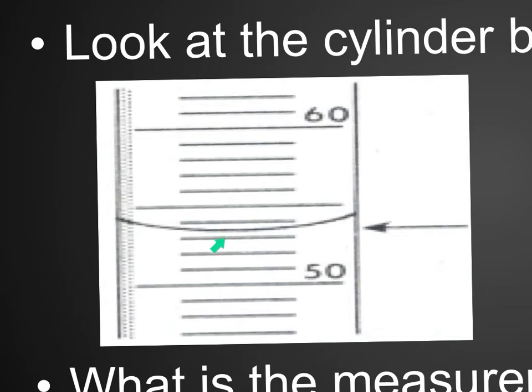So 53 is a certain measurement, what I read exactly off of the graduated cylinder. Because it's in between, we can say 53.5 as our measurement from this graduated cylinder, because that 0.5 means it's halfway between 53 and 54, and that's the digit that I'm estimating.